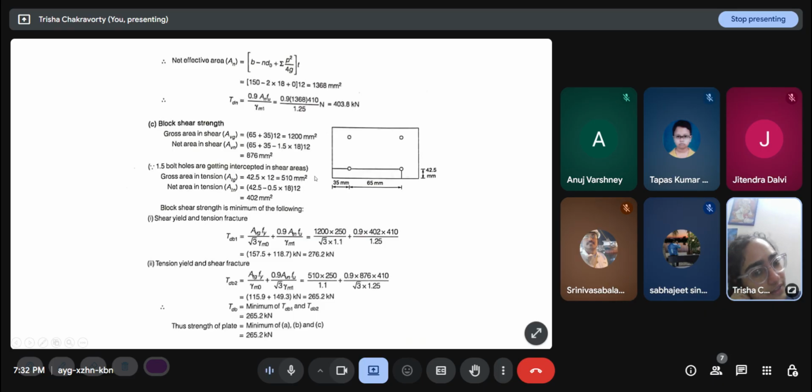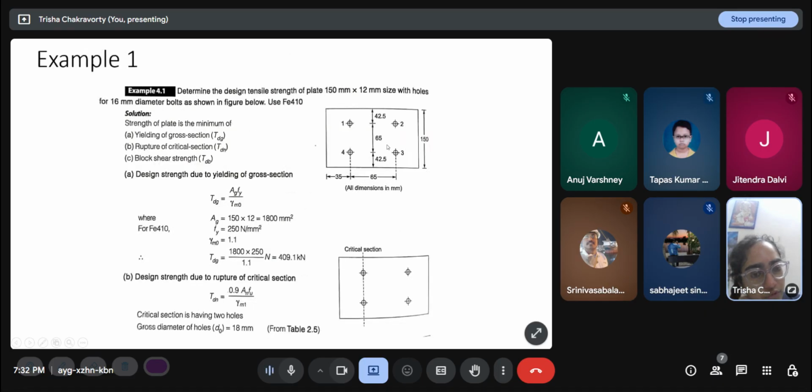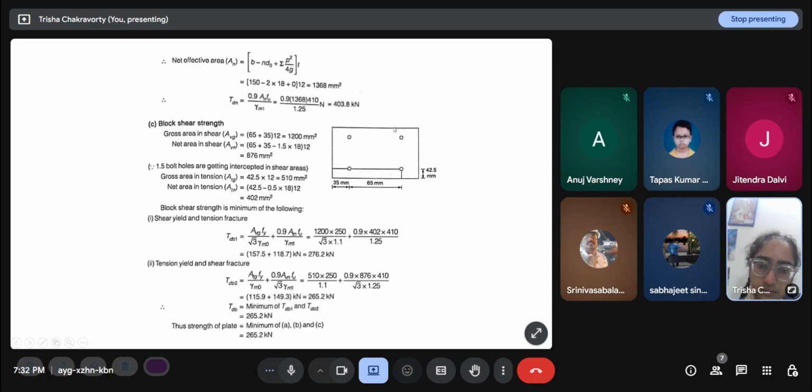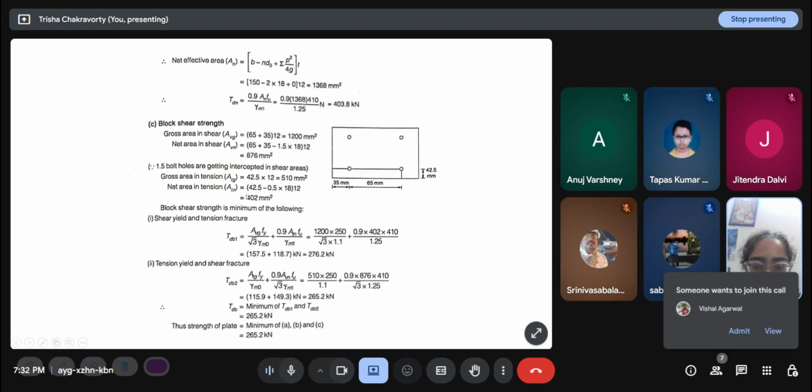And the gross area in tension will be 42.5, which is this. So this part 42.5 minus half into 18, so minus 9, into 12. This is the net area in tension.